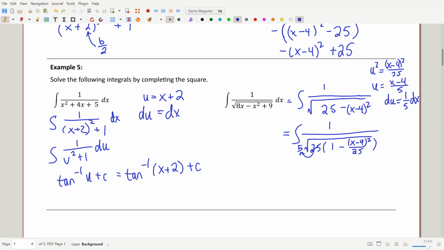Usually I say, but we don't have 1/5 dx. And the only reason we don't have 1/5 dx is I forgot to write my dx's. So we do have 1/5 dx, so that we are going to be able to just, as is, plug in with du.